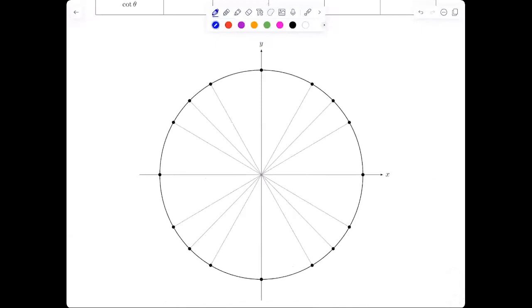We're starting from a 0 degree angle, moving to 30 degree angle, 45, 60, 90 degree angle, and so forth. And we will fill out all of the special angles and their corresponding reference points or terminal points for that matter.